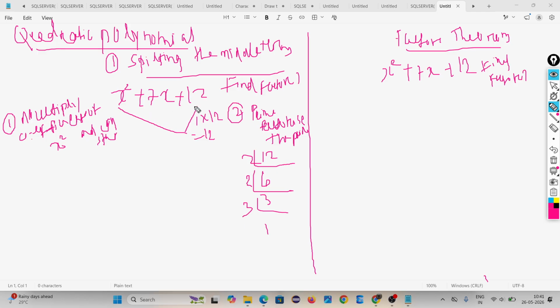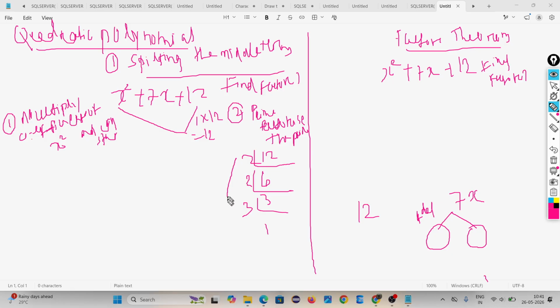The meaning of splitting the middle term is: the middle term is 7x. When you add, you have to get 7, so you have to choose two numbers. When you add them you will get 7x, and when you multiply, you will get 12.